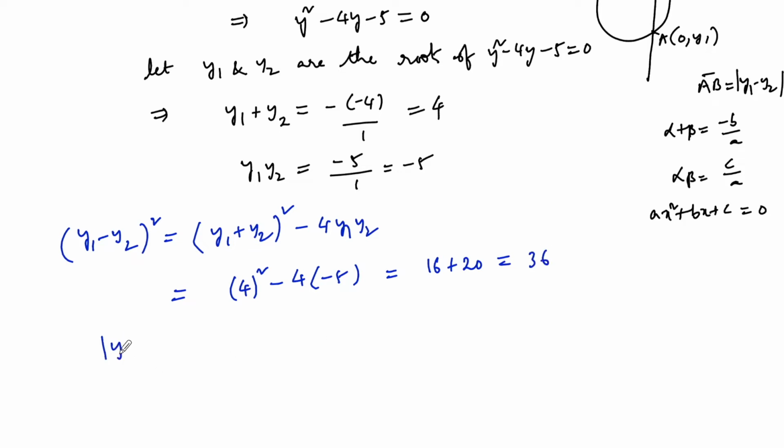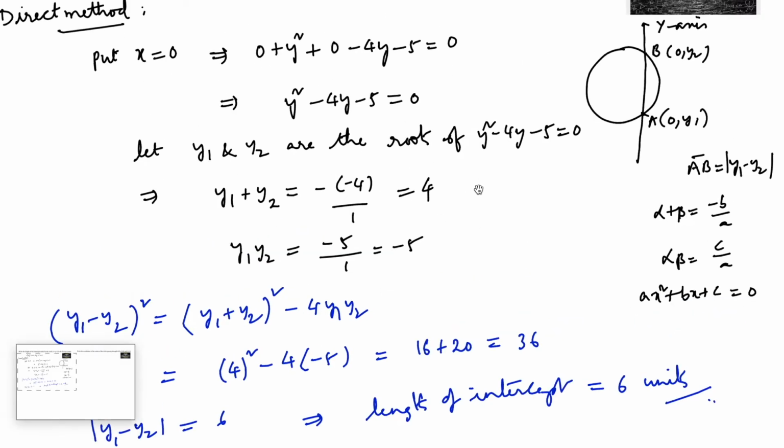Taking square root on both sides, mod of y1 minus y2 is equal to square root of 36, that is 6. So we can say that the length of the intercept, mod of y1 minus y2, is 6 units.